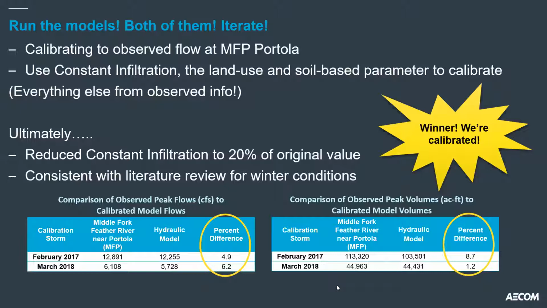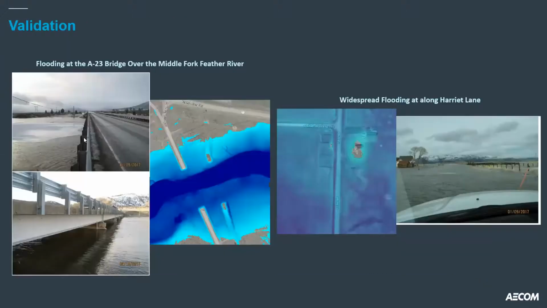So then we took those parameters, we dropped them back into our frequency events, ran our models, developed our frequency floods. And then everything got mapped. And I should have said, we did validate. We had photos from that January event and February events that showed that our depths and flood extents matched up pretty well.